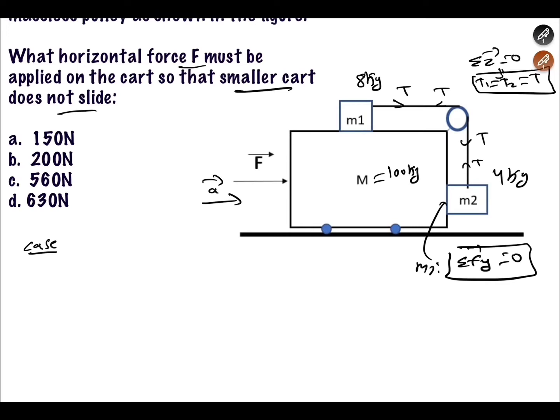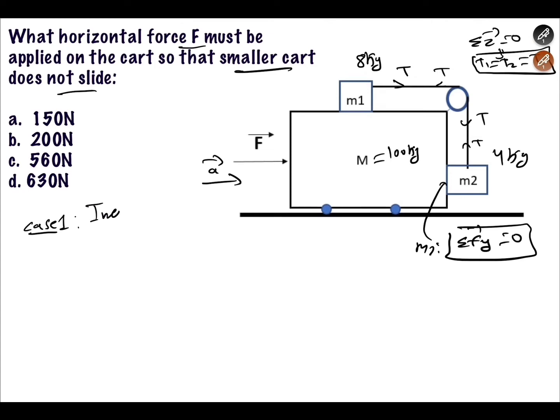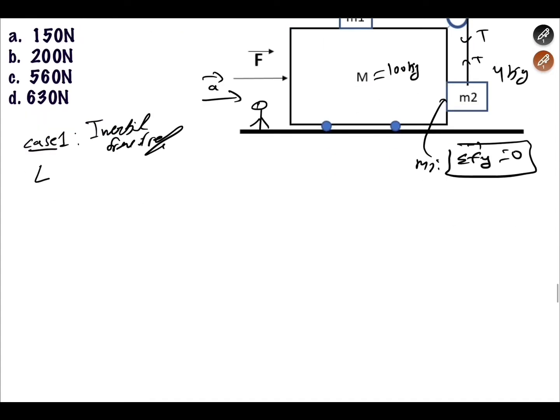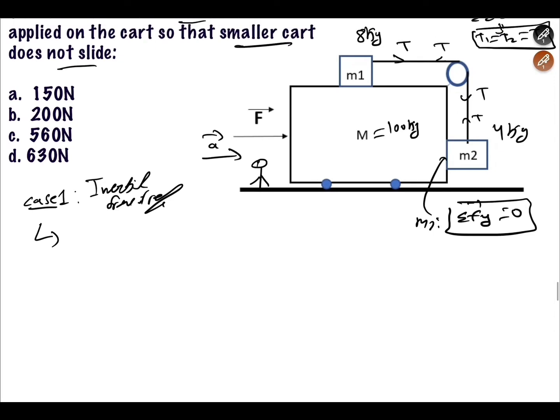Now, for such type of exercises, we can solve by two ways. First way, which is case 1, we observe the motion from an inertial frame of reference, that means an observer here. Then we solve by saying that the system as a whole is moving to the right. We apply Newton's second law on the system: summation of force equal to the total mass multiplied by acceleration.